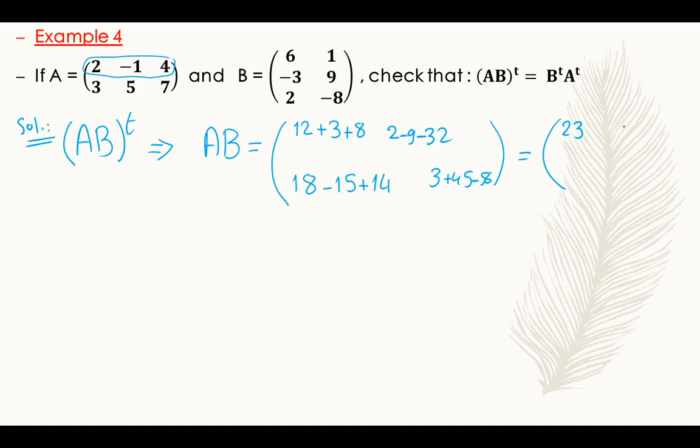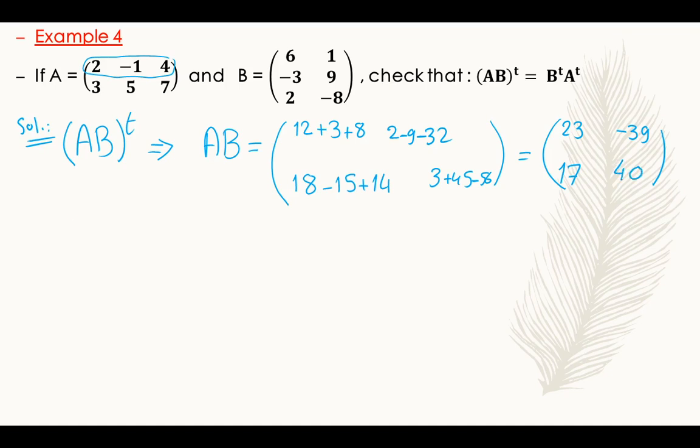Negative 7 and negative 32 equals negative 39. 18 minus 15 equals 3. 3 plus 14 equals 17. Here, 3 plus 45 is 48. 48 minus 56 equals negative 8.